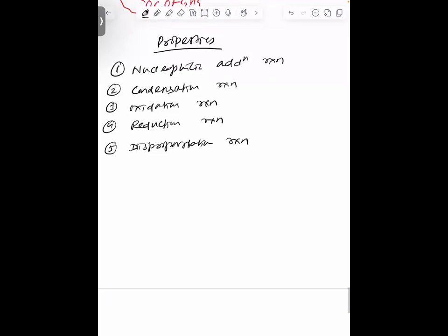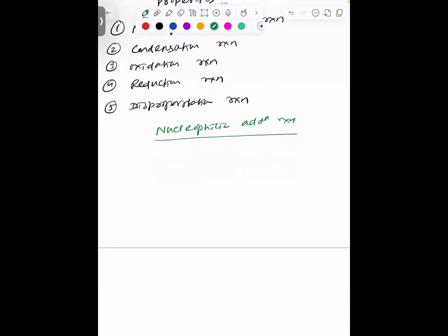First, we will see nucleophilic addition reaction. Physical properties are similar to what we have discussed in other chapters. Before going to discuss the nucleophilic addition reaction, we will see the reactivity of aldehyde and ketone.